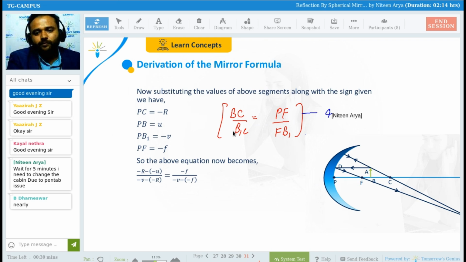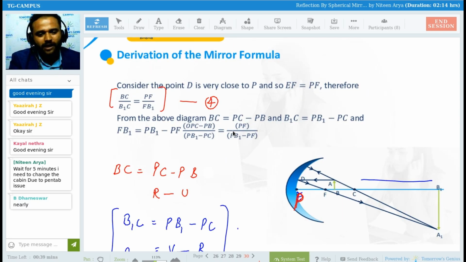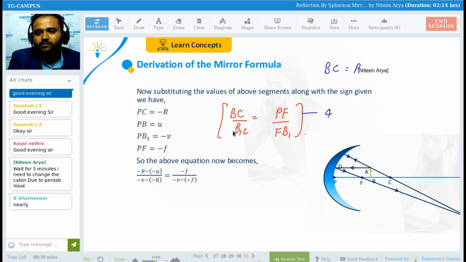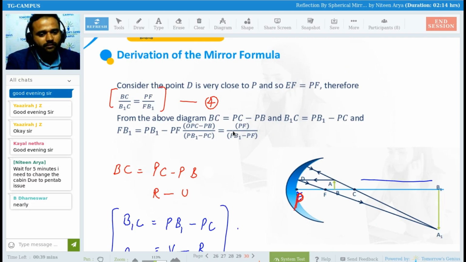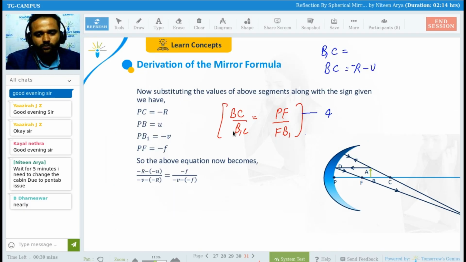And putting the value of BC from the previous, BC equals to R minus U. Here I need to take minus R. And then B1C I make V minus R, so it is going to be minus V of minus R, and then PF is going to be obviously negative of F, right?